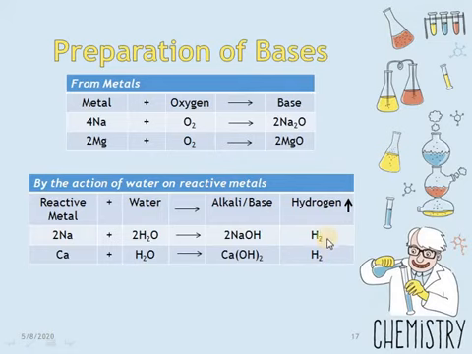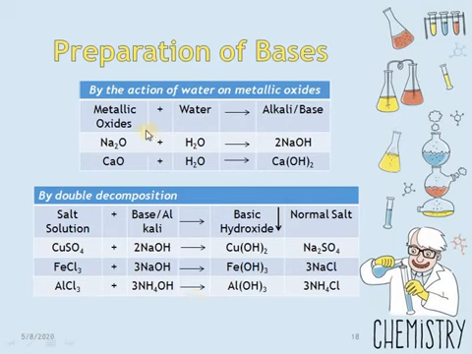You have already learned this in the hydrogen chapter in class 8th and 9th. Sodium plus water gives sodium hydroxide and hydrogen. Calcium plus water gives calcium hydroxide and hydrogen. Same for potassium and water, giving potassium hydroxide and hydrogen.